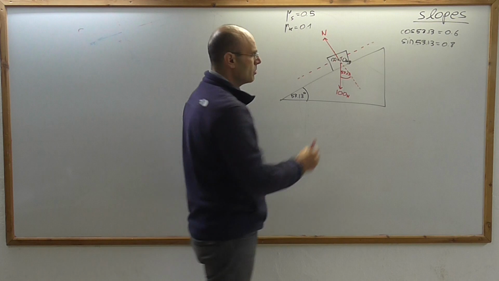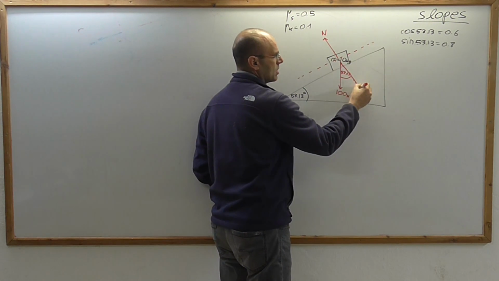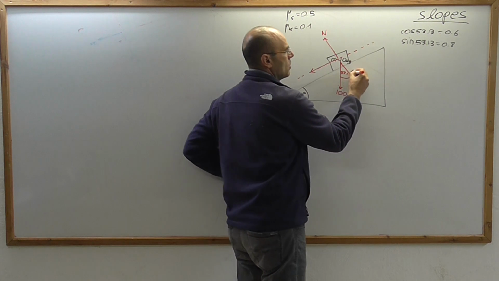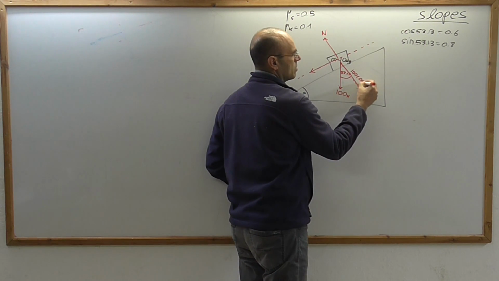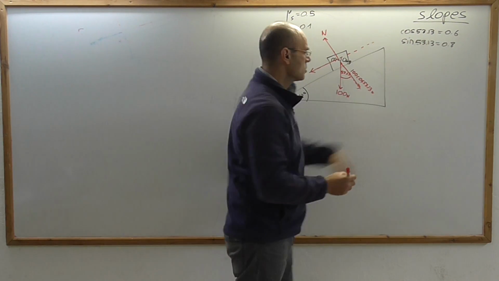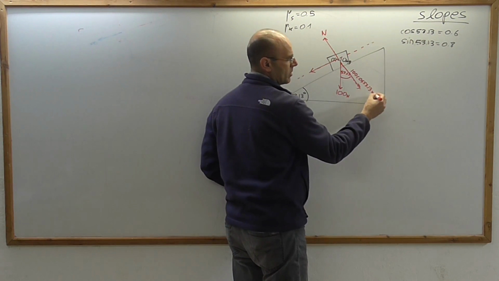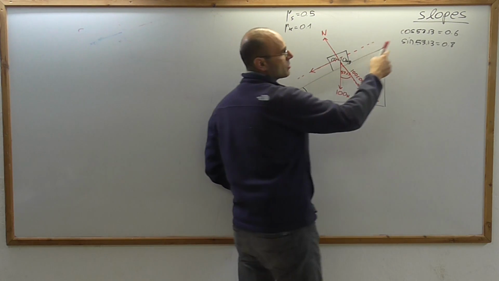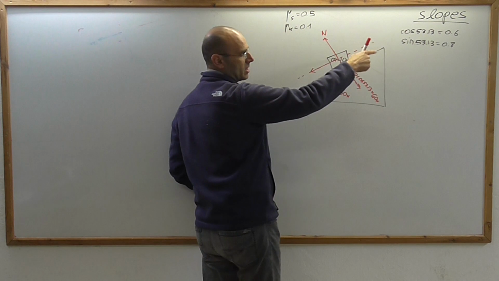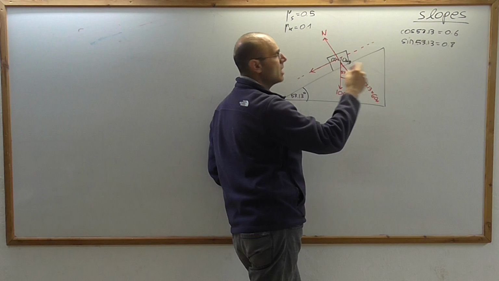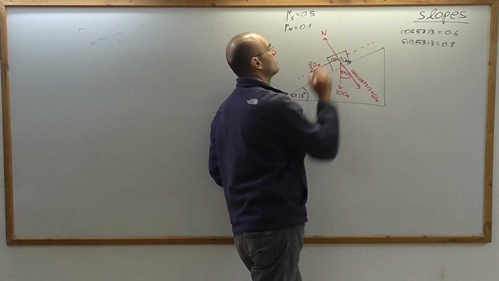Let's break it into its components. It's 100, it will break into that one and that one. This one will get the cosine: 100 cosine 53.13, and cosine 53.13 is 0.6, so 0.6 multiplied by 100 is 60 newtons. This will get the sine: 100 sine 53.13 is 0.8, so 0.8 multiplied by 100 is 80 newtons.